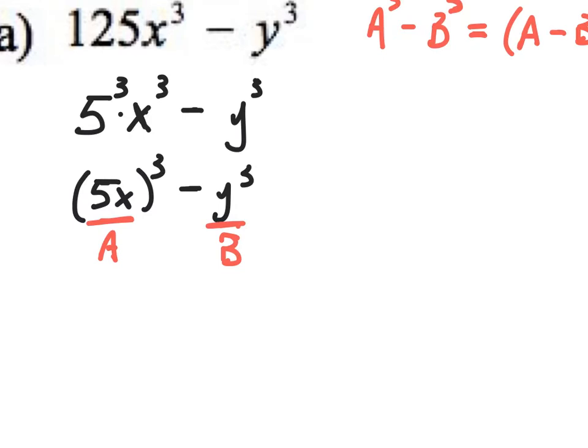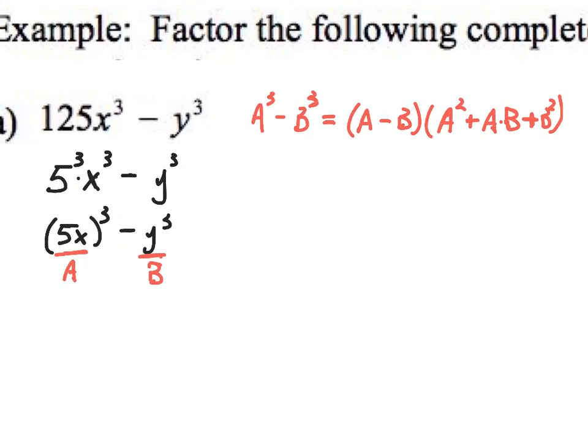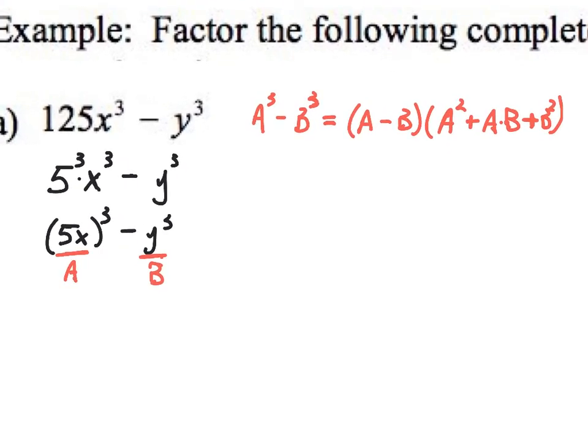Now, what I want you to see here is that this form here is the same form here. I just have to plug in those values the way that I see them.